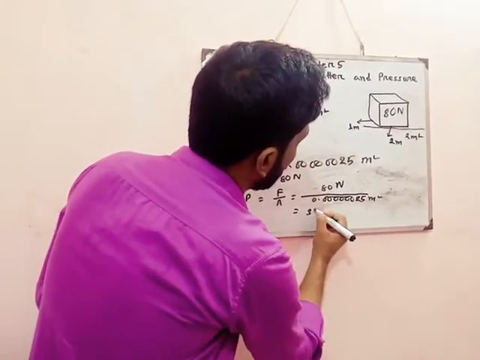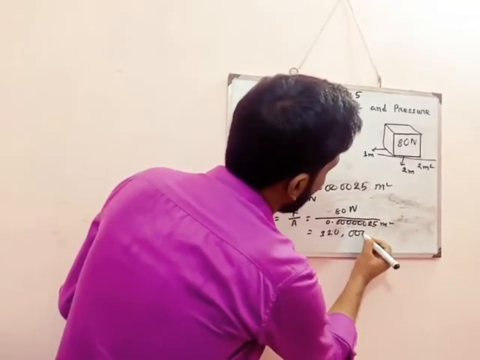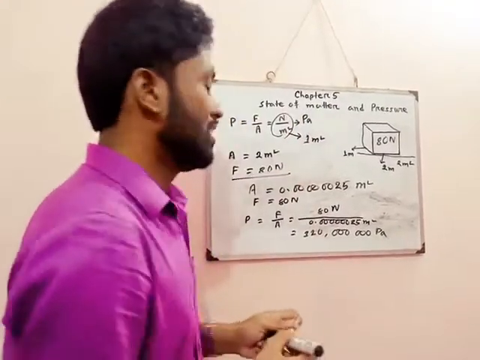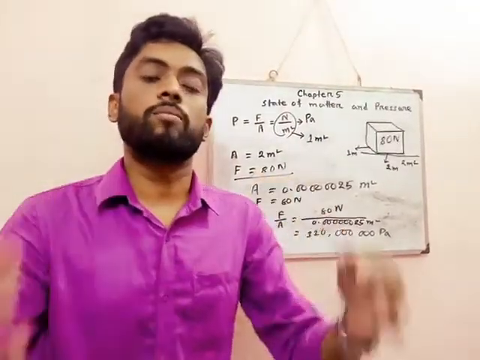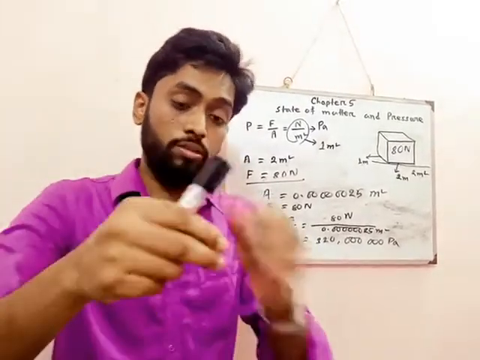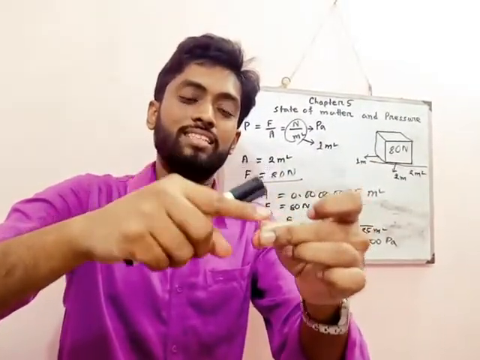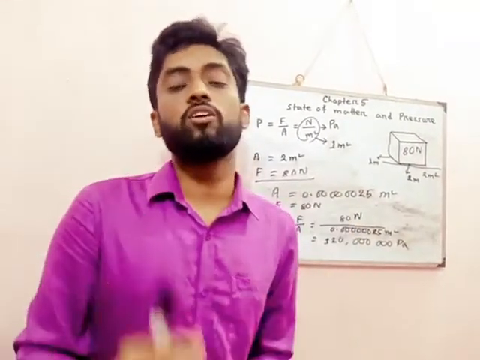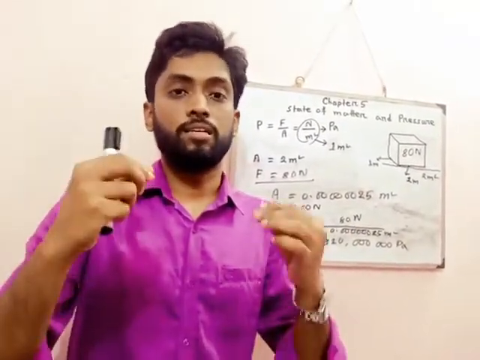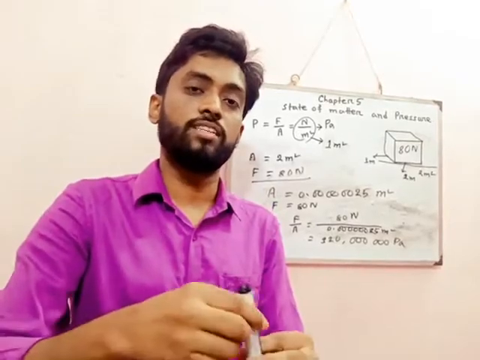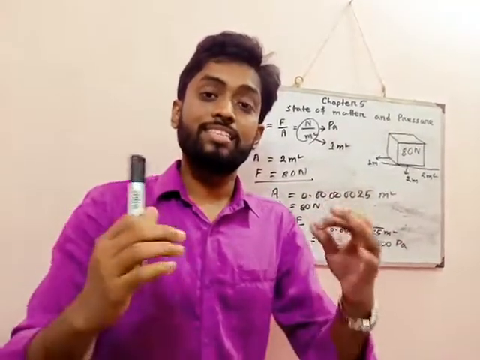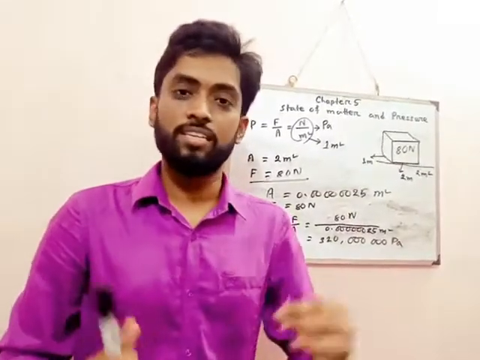That will be 320 million Pascal. It is a huge amount of pressure. So this pin is exerting a huge amount of pressure. It is 8 million times greater than the pressure exerted by the box. Amazing, right?